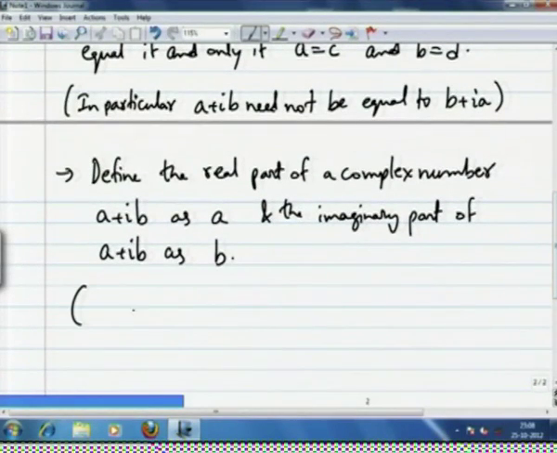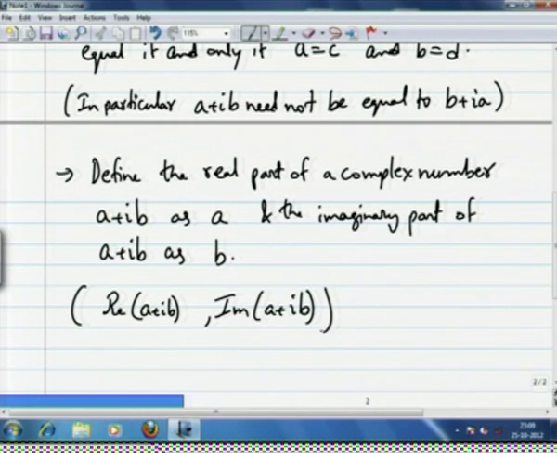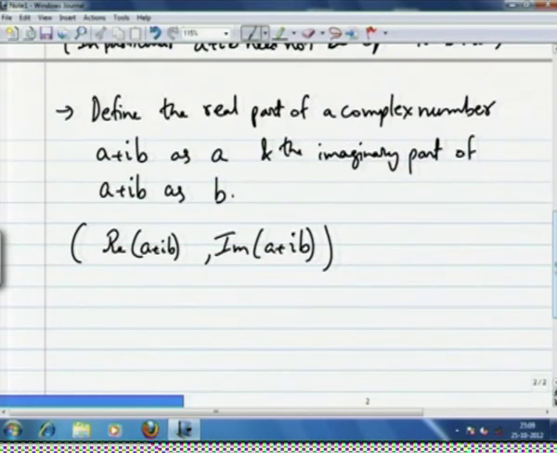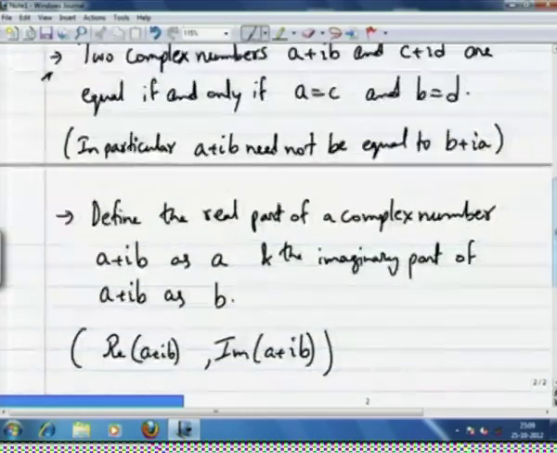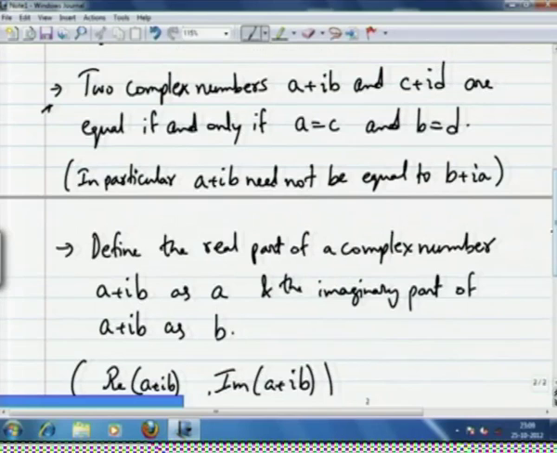Okay. So, often they are abbreviated as Re of a plus I b and Im of a plus I b. Okay. So, those are a and b. So, this definition is unambiguous because of the fact that a plus I b and c plus I d are equal if and only if a is equal to c and b is equal to d.